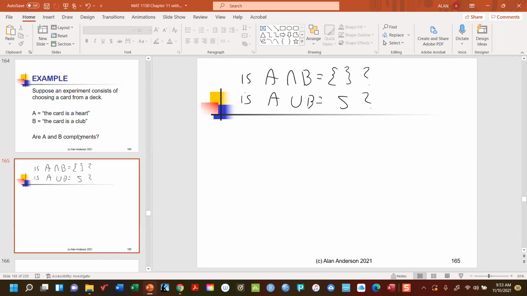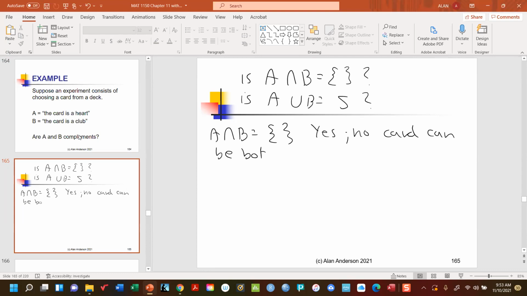So the first one, the answer is yes, because no card can be both a heart and a club.